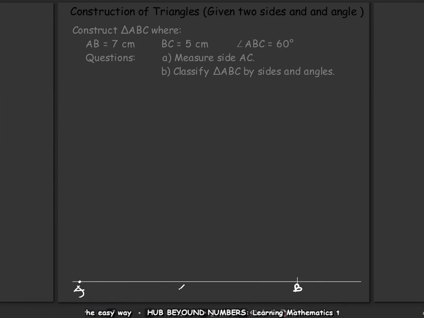So AB is 7 centimeters. It says we should construct BC to be 5 centimeters, but we don't know the angle yet. We haven't constructed it yet. So at B, that is where we construct this 60 degrees. Let's construct angle 60 degrees at B. We've done that in previous videos, so I do hope you can do it.